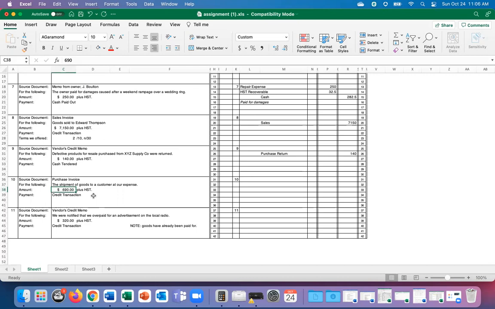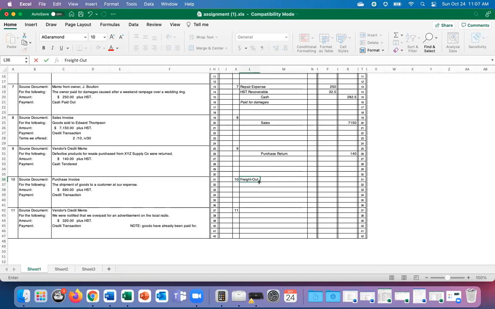So the account that's going to be new to you, or that you may not be aware of yet, is the freight out expense. Freight out just means delivery out, or delivery away from our company, delivery out to our customers.